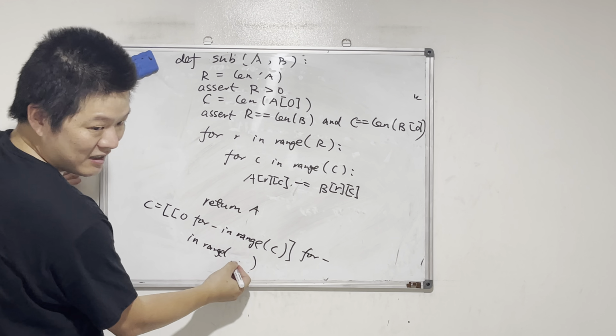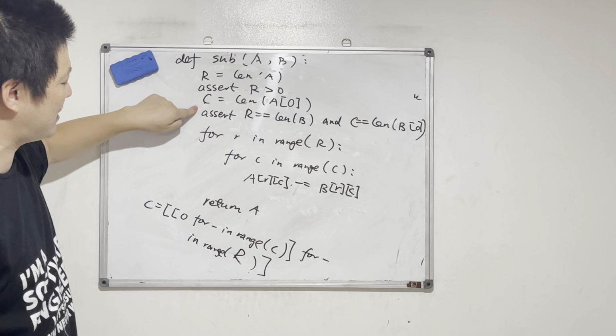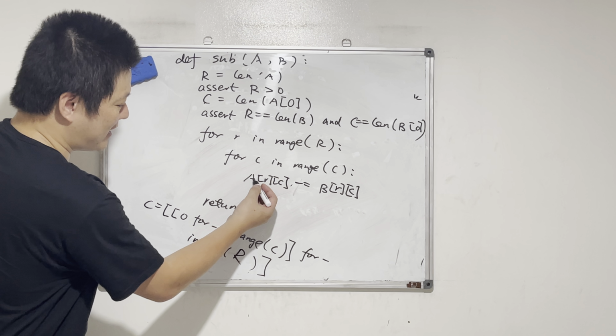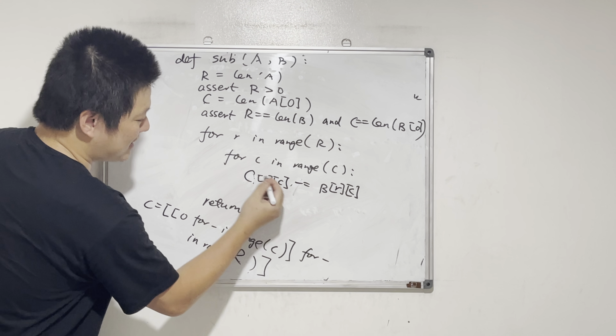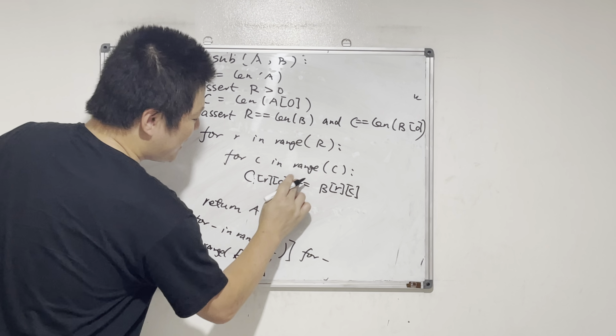R rows. So this is the way to allocate a list of lists with R rows and C columns. Once you allocate it, you just do C[r][c] equals A[r][c] minus B[r][c], or plus A[r][c].